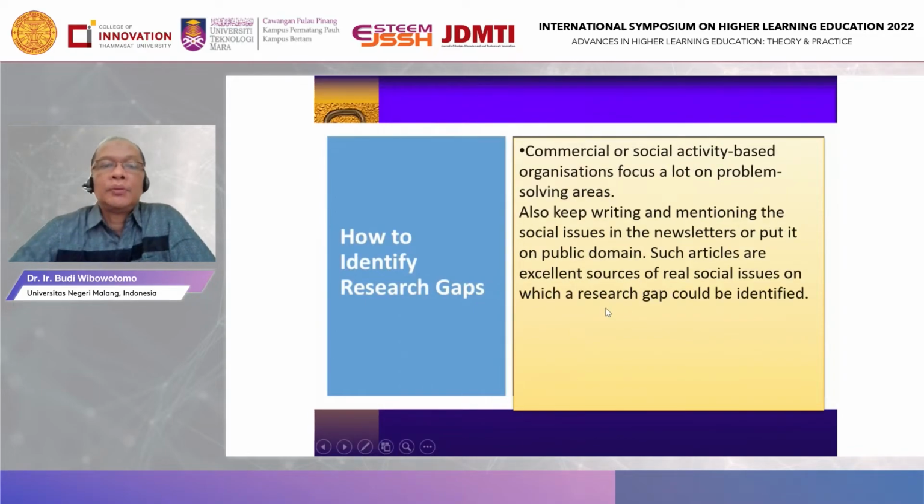Also, it is almost similar. The other is the commercial or social activity-based organization.